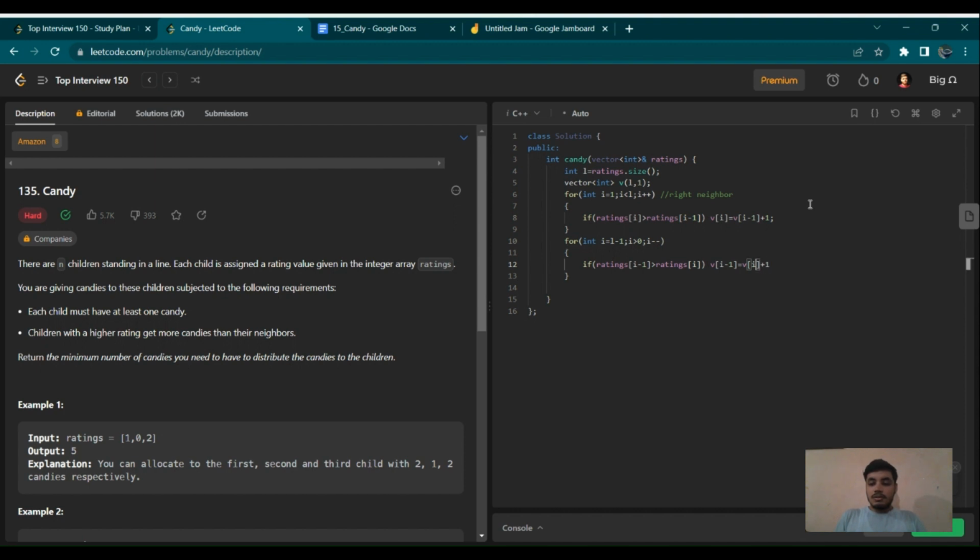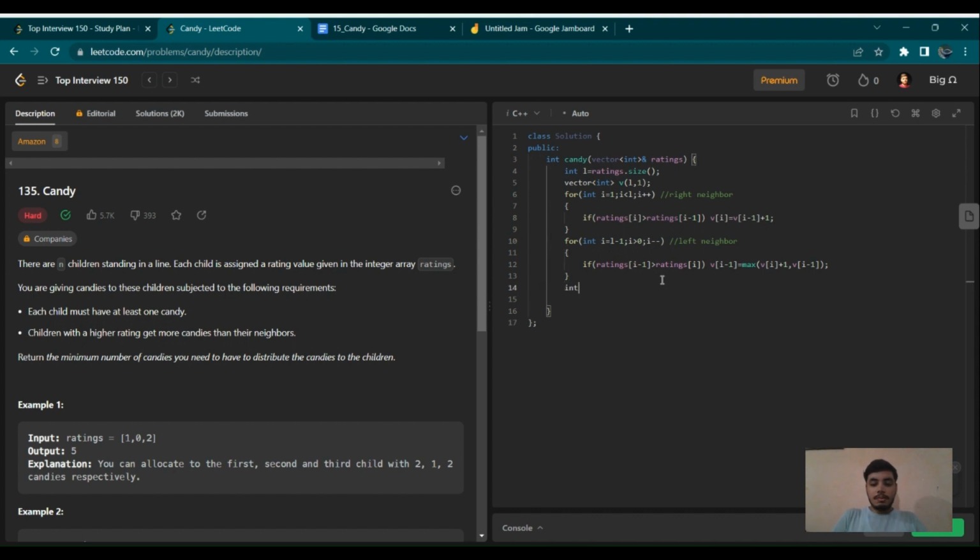So here one thing we are going to do, at this point only, is take the max, which we had taken later in our algorithm. So we are going to take the max of this and the already existing v i minus 1 value. So this is for the right neighbor, and this is for the left. So we have satisfied all the conditions.